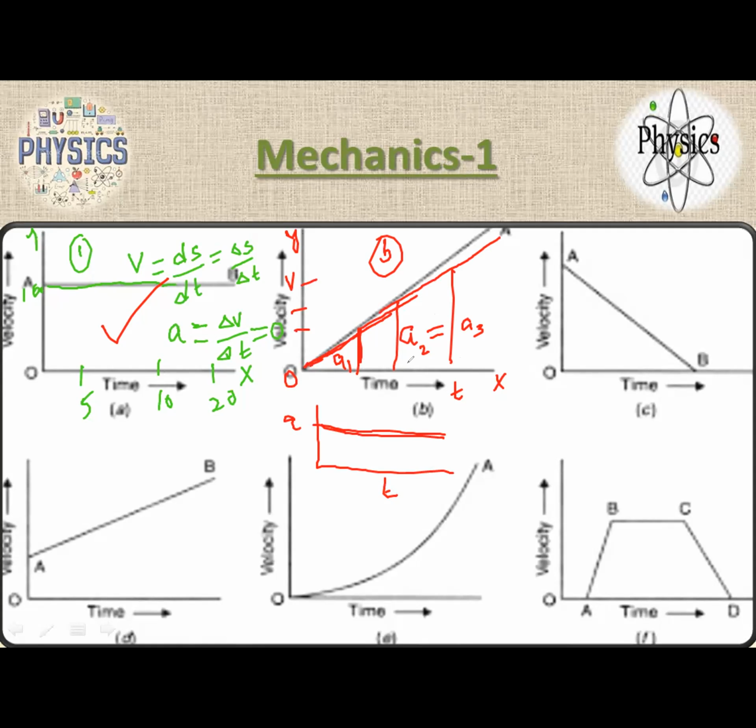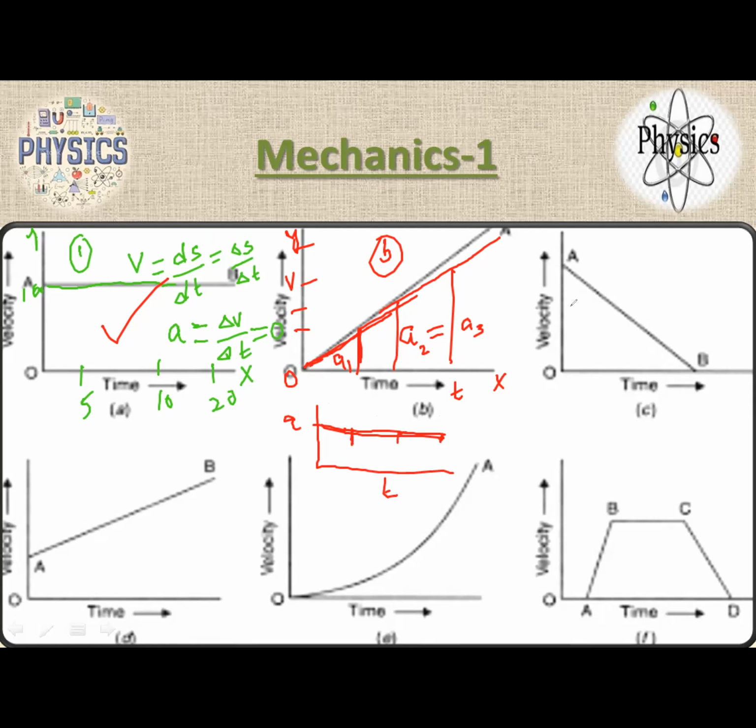Without the numbers of velocity and time, we cannot say whether it's uniform or not, but it seems like a uniform change. If the change is uniform, acceleration is also constant. At every point you should get the same acceleration.